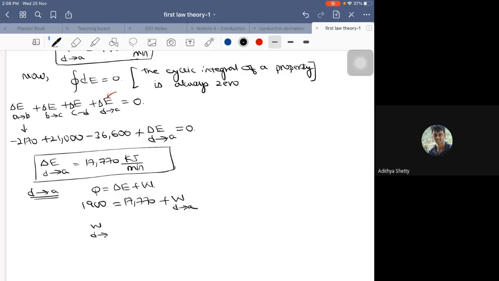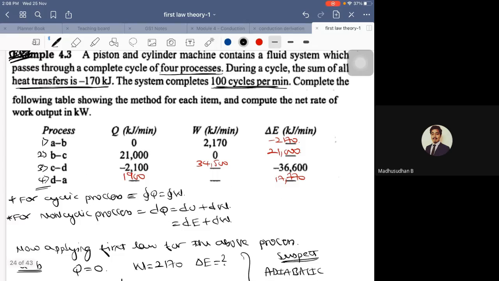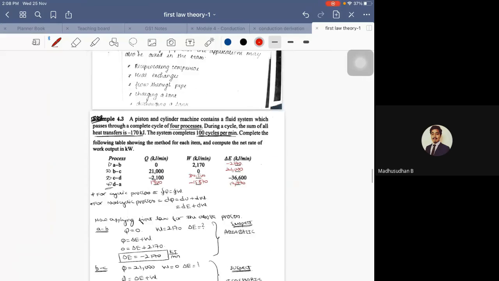W D to A is minus 15,870 kilojoules per minute, which I'll be writing here. Make sure the values are correct because I don't have the calculator with me.